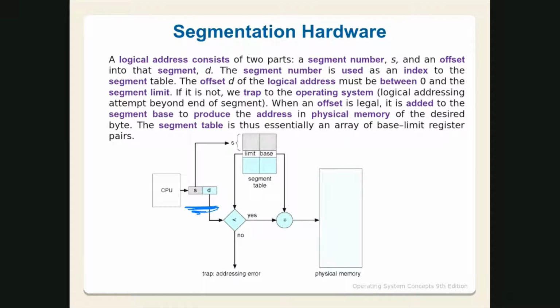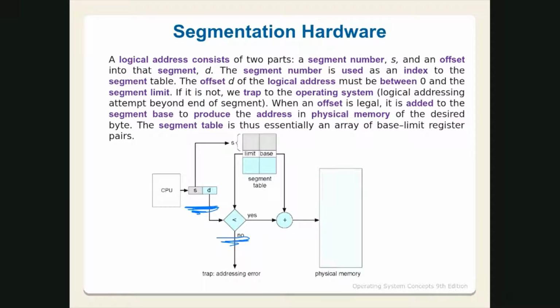But I need some kind of checking before I map it to the physical address. What I am checking is whether the offset is valid or not. If it is not valid, you will end up with a trap to the operating system.